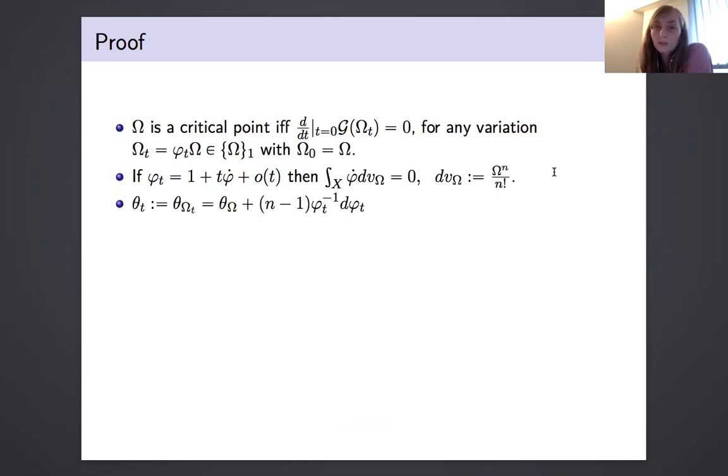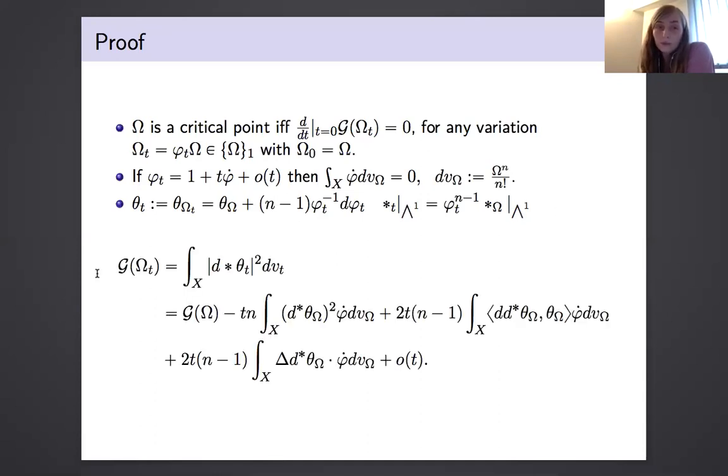And using the following formulas. So the fact that the Lee form of a conformal metric changes in this manner in terms of the initial Lee form, and the fact that the Hodge star acting on one-forms changes conformally via this formula with respect to the Hodge star with respect to omega.